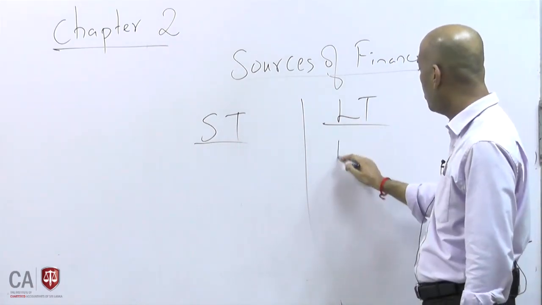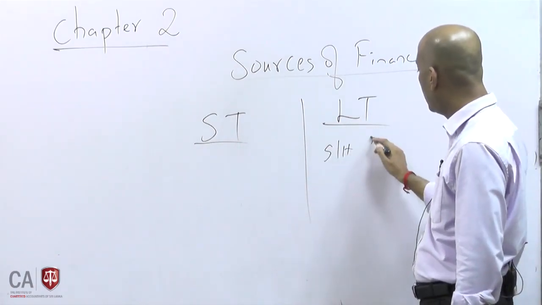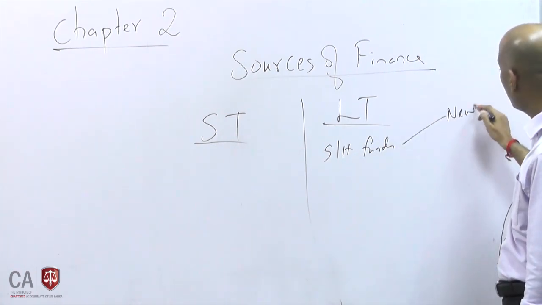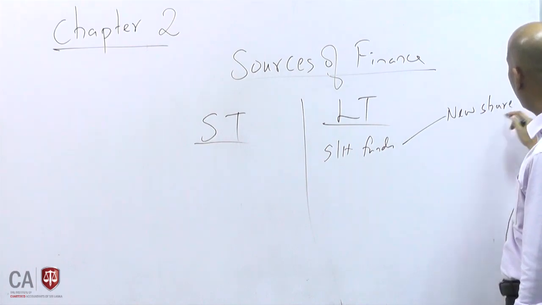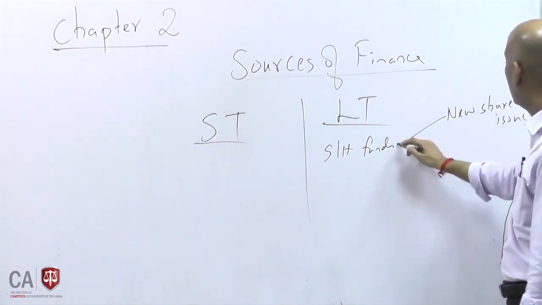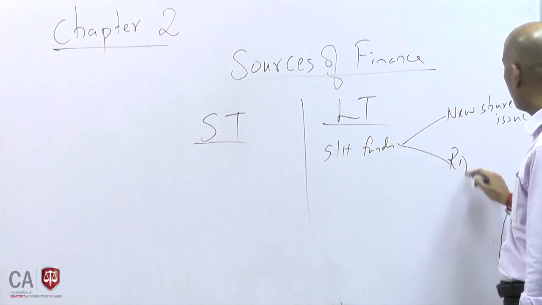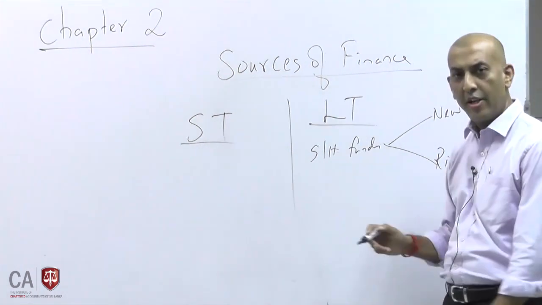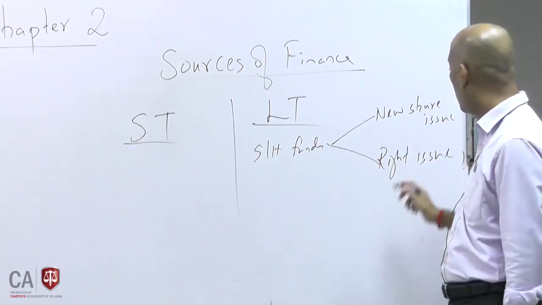Long term sources, you will have the shareholder funds, where you can be talking about a new share issue, or right issue. Please understand, for the shareholder funds, you can go for a new share issue or right issue.